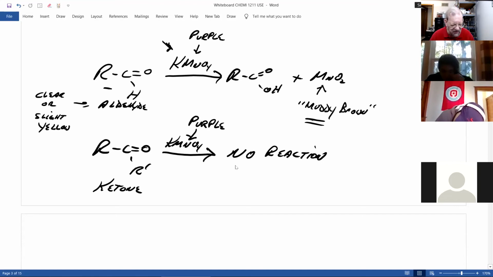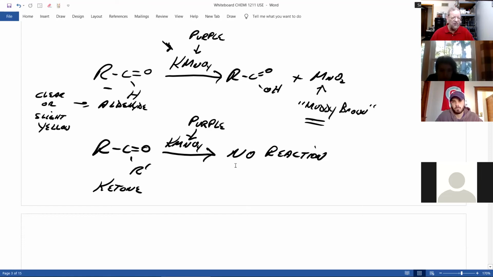So this is a very good way in the old days before they had electronic equipment like IR, infrared spectroscopy, nuclear magnetic resonance spectroscopy, NMR, or carbon-13 spectroscopy, C13 NMR, which Dr. White knows these things.